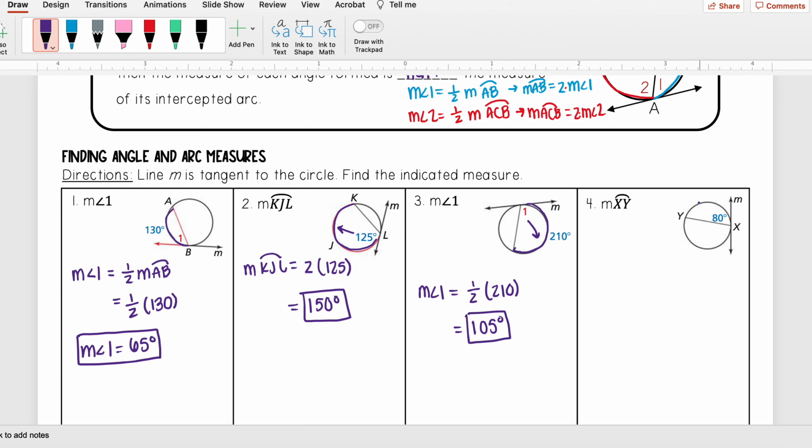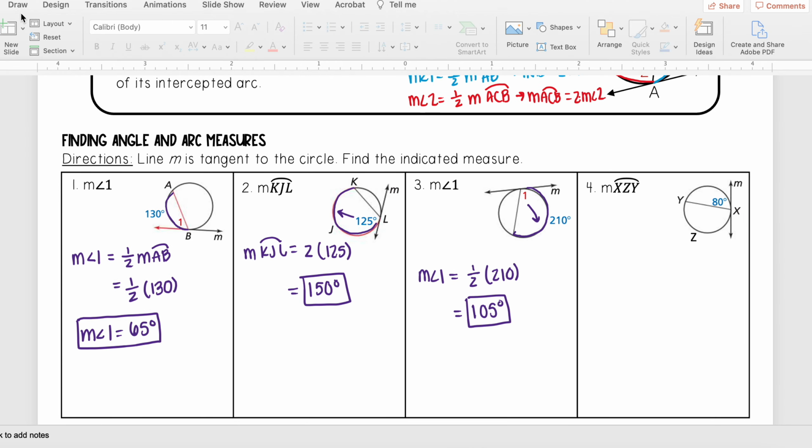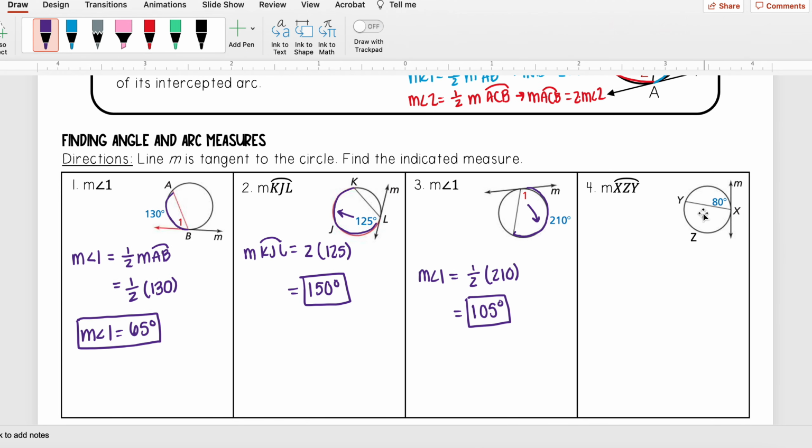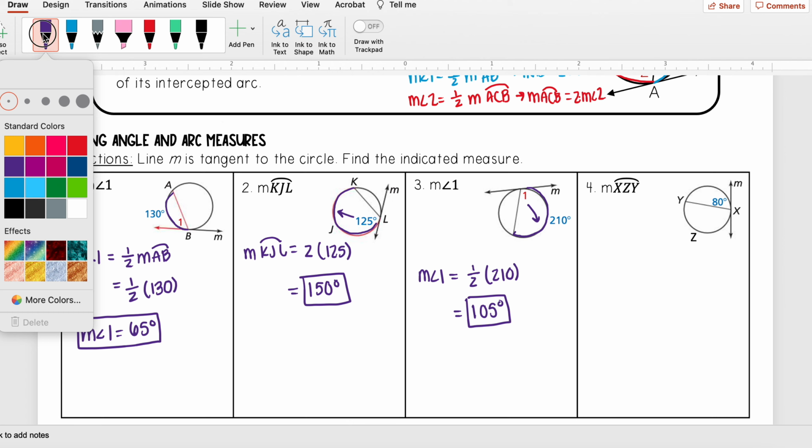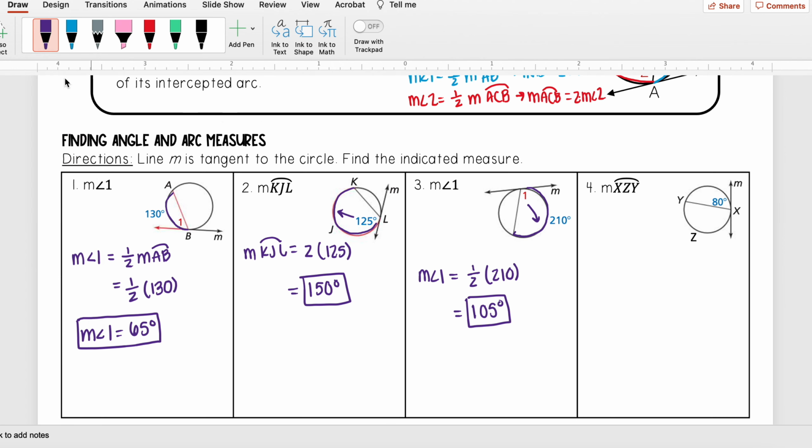Now number 4 is a little bit different. Here I want to find the measure of XZY. And so I have this angle here, 80 degrees. However, its intercepted arc is just XY, not XZY. But I do know that all of the arcs in a circle add up to 360.